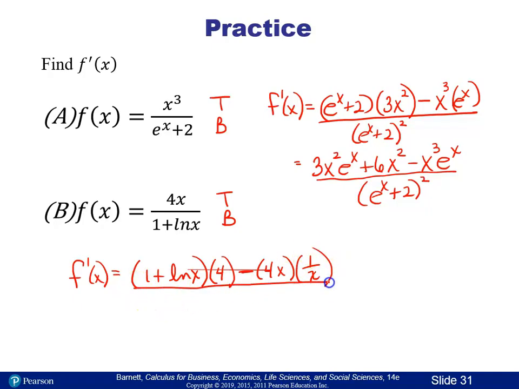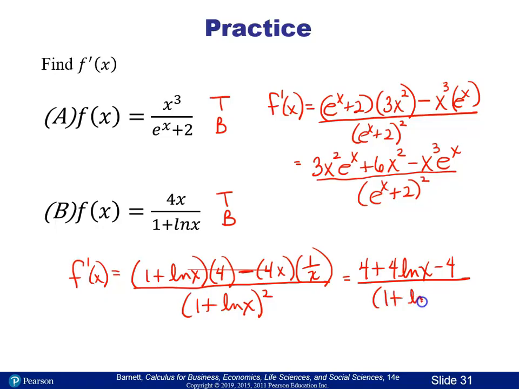And then that's all going to be over the denominator squared. Okay, so if I wanted to distribute here, I'll have 4 plus 4 natural log of x. And then these are going to simplify to be just minus 4. The x's would cancel. Those 4's are also going to cancel. So 4 natural log of x over 1 plus the natural log of x.